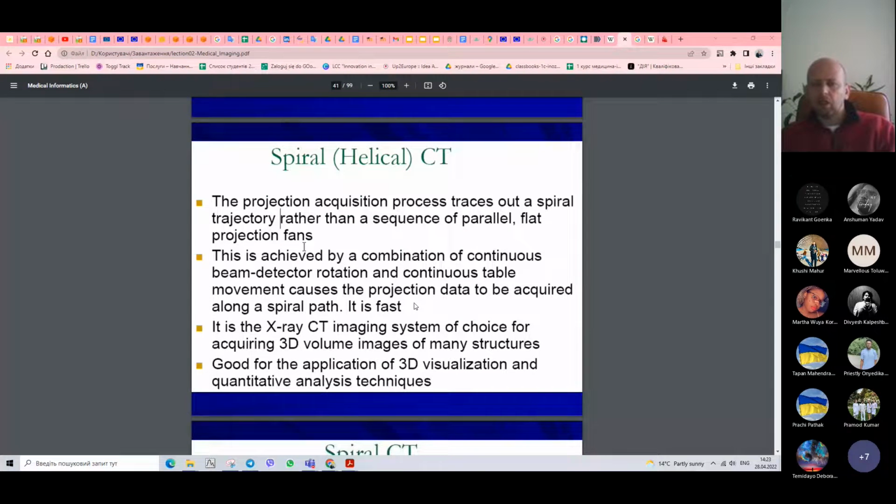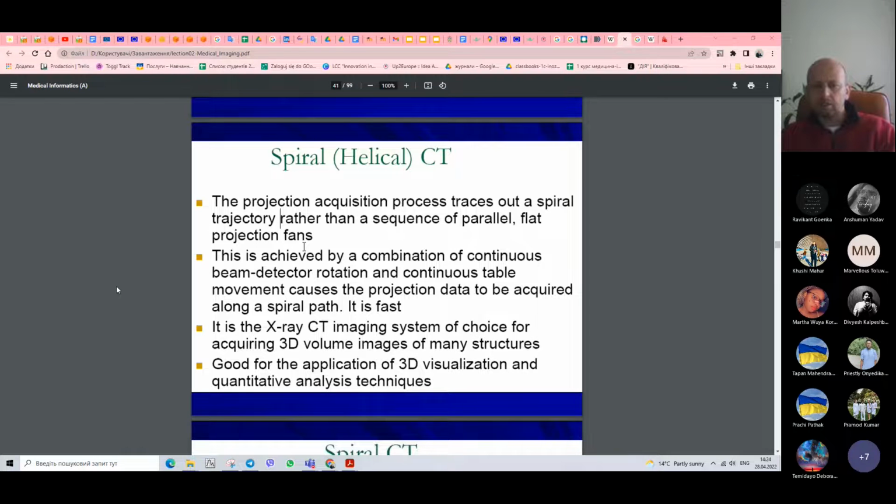Spiral, helical computer tomography. Now the projection acquisition process traces out a spiral trajectory, rather than a sequence of parallel slices. This is achieved by a combination of continuous beam and detector rotation and continuous table movement, causing the projection data to be acquired along a spiral path.